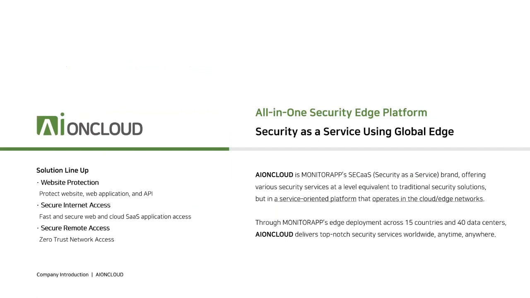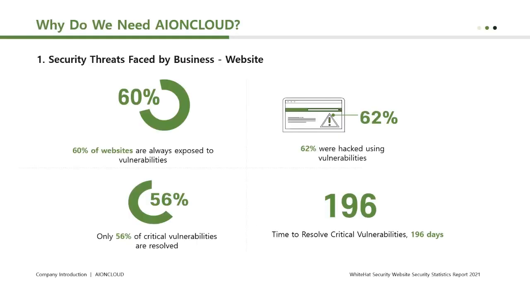So for Ion Cloud, I will just discuss brief information, and later on, Mr. Hong will discuss the technical aspect of Ion Cloud. So why do we need Ion Cloud? Because the time to resolve vulnerabilities requires a lot of time and effort.